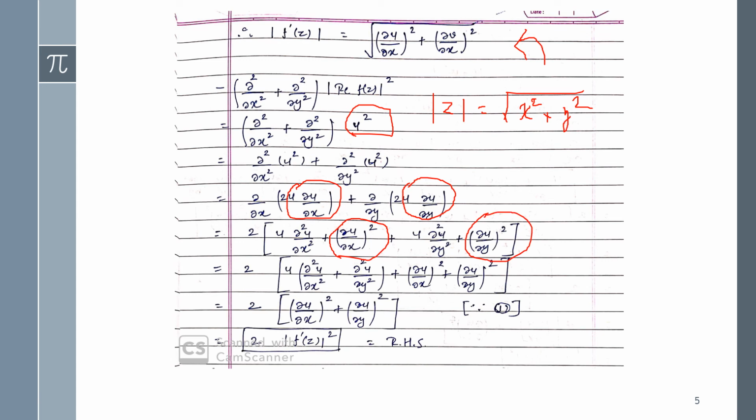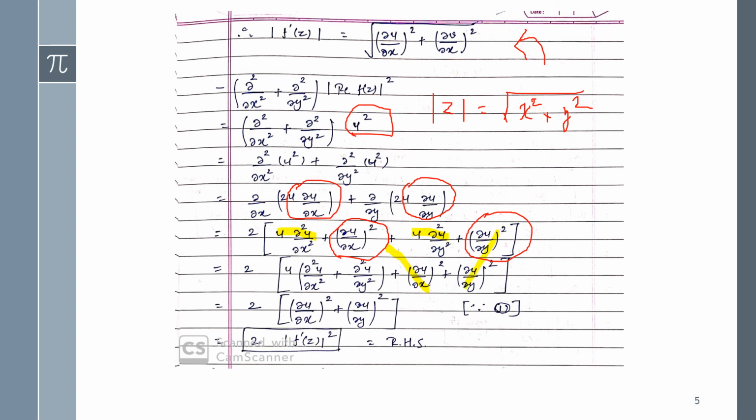Now next, I'm separating the terms. So u as it is, and from the first and the third, I'm highlighting, guys, from this one and this one, I'm taking out the common u. Into the bracket, the remaining terms will be del square u upon del x square plus del square u upon del y square, plus the two terms here we are writing as it is: del u upon del x whole square plus del u upon del y whole square, right?